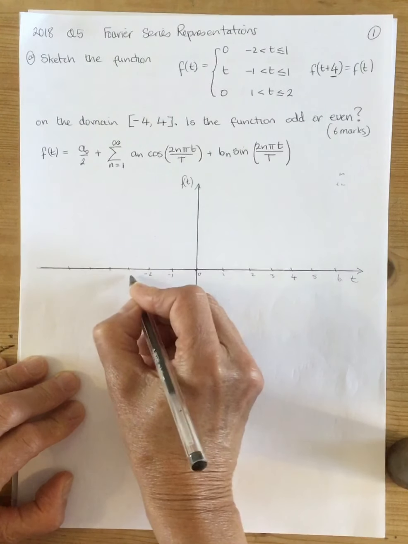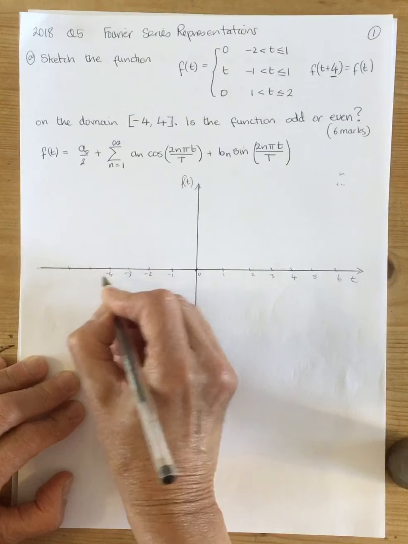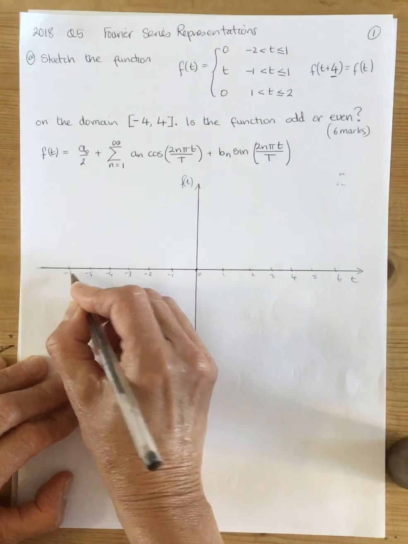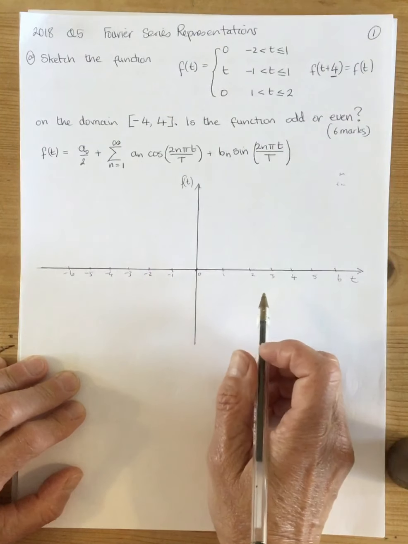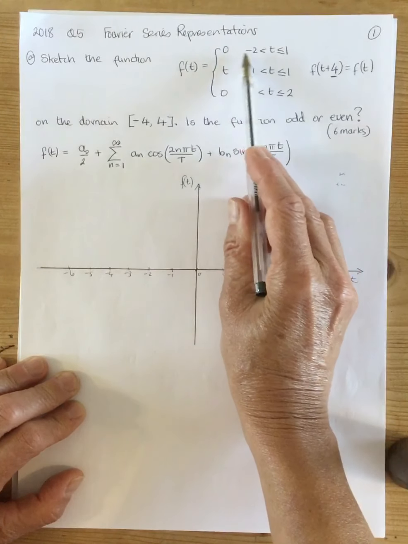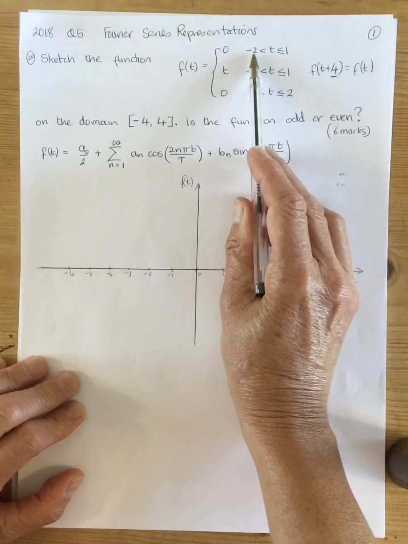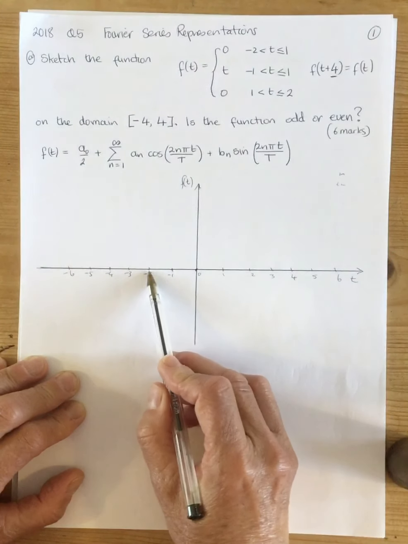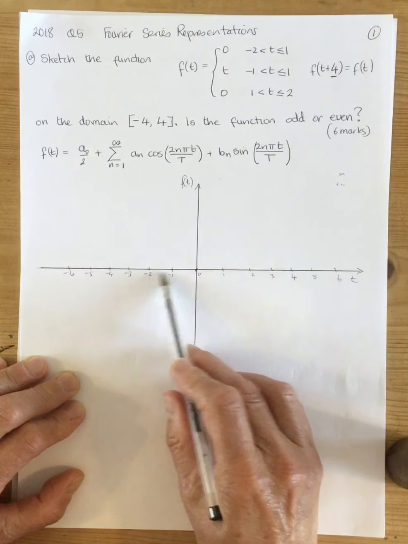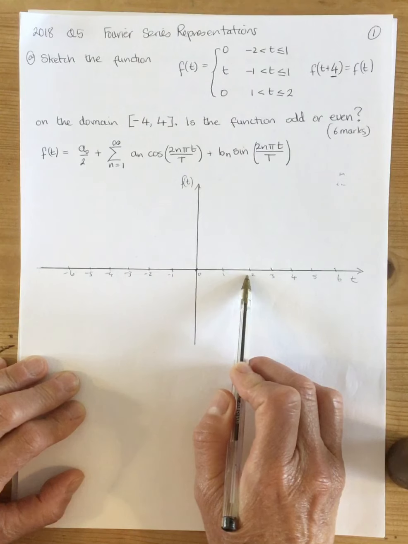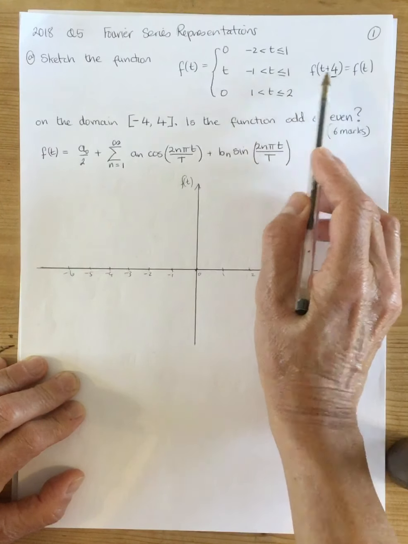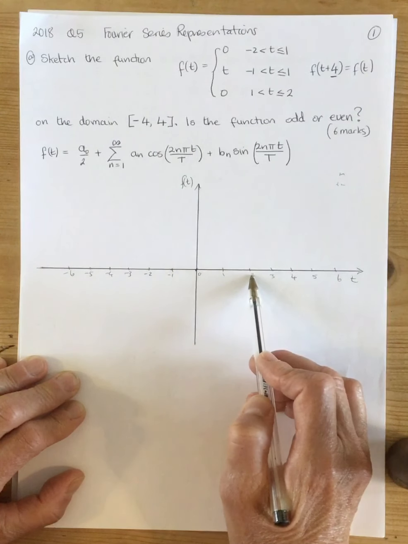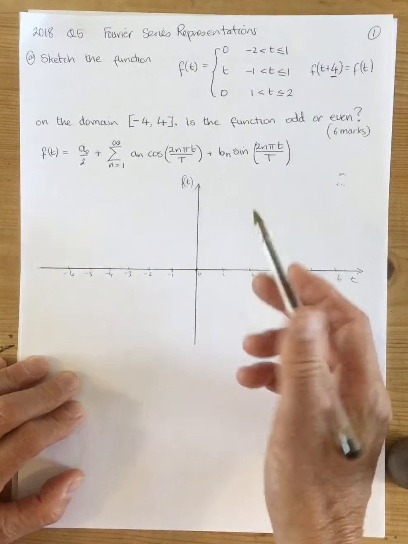The first part we look at is that this function runs from -2 to +2. That's actually 4 units of time, which is the periodic time, so we're going to be drawing one complete wave function that we're then going to repeat.